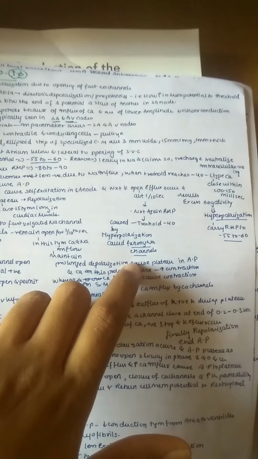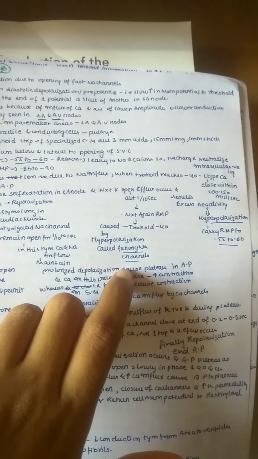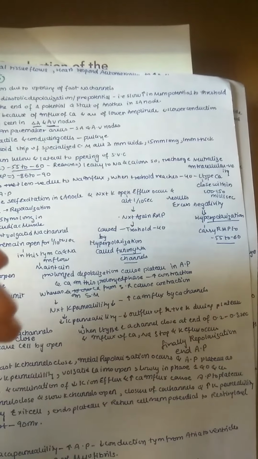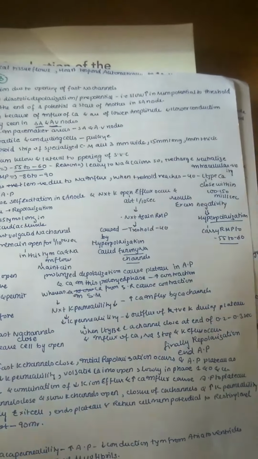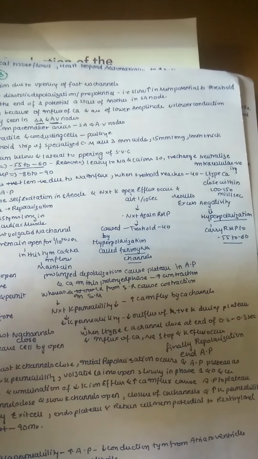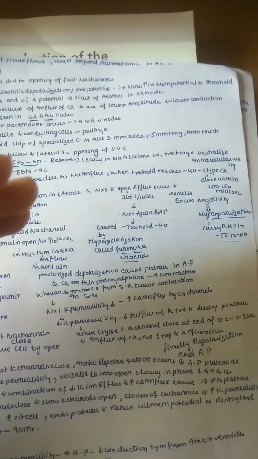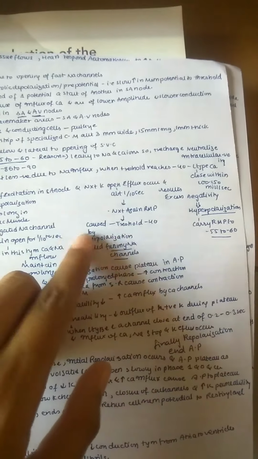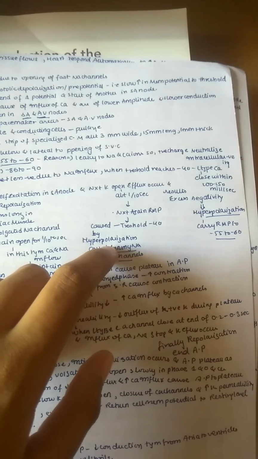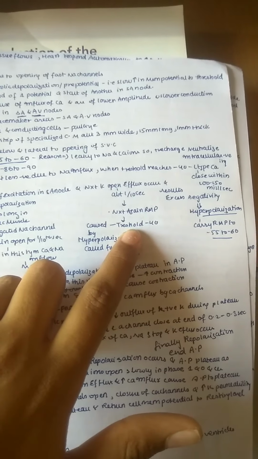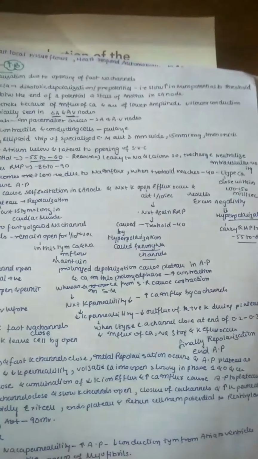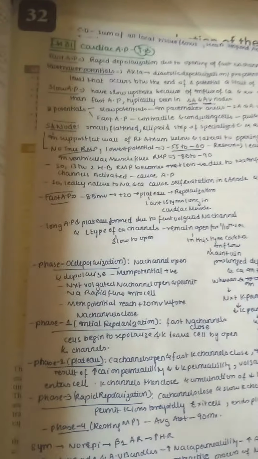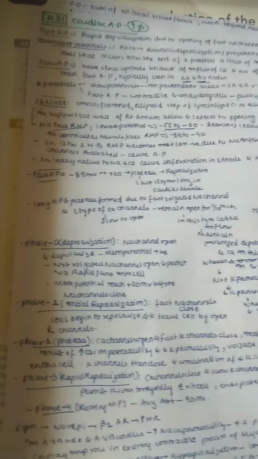It's not the normal sodium channel, because normal sodium channels should open after the resting membrane potential, but here the wave is different. First depolarization, hyperpolarization, and from hyperpolarization again leading to threshold. So hyperpolarization is causing the funny sodium channels to open, and it is leading the threshold to -40 and forming again the action potential. So that is the difference between the SA node and normal skeletal muscle.